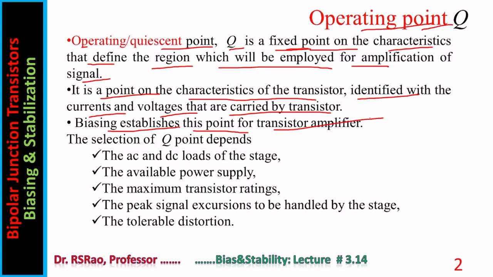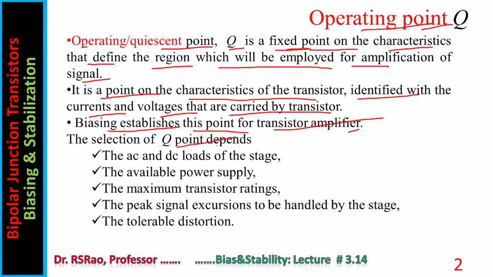Its location is determined by the biasing circuit. So it is the biasing circuit which is critical in the operation of a transistor amplifier.